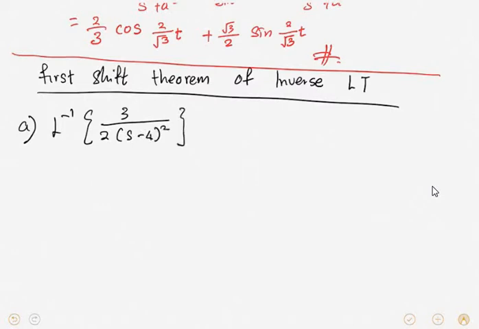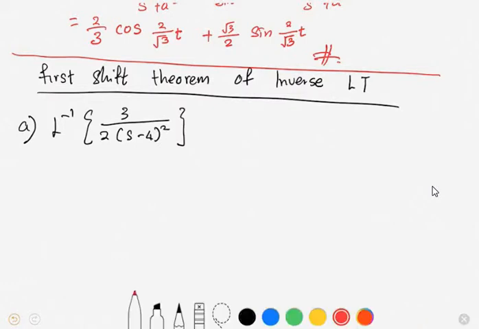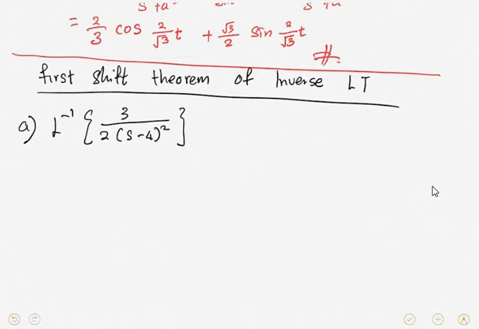Okay, how are we going to solve this kind of question? If you look at here, this one is a constant, so we can take it out. For easiness, you can take out the constant, and we are left with 1 over (s minus 4) squared.